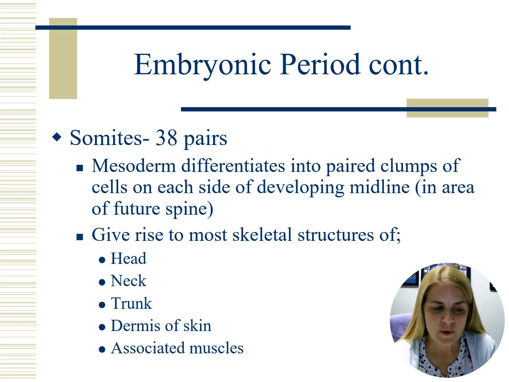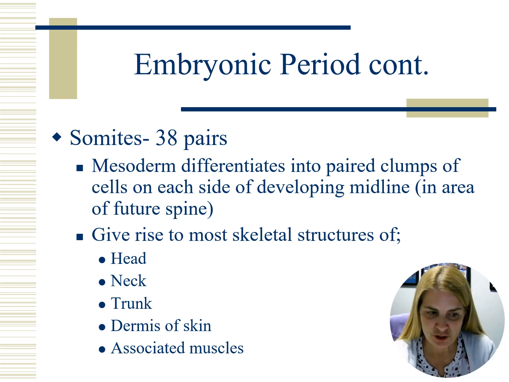So in class, we talked about the different types of tissue. The basic types of tissue: we talked about epithelial tissue, the epidermis coming from ectoderm, and the dermis coming from mesoderm, with somites arising from underlying mesoderm; somites are masses of mesoderm on each side of the neural tube.